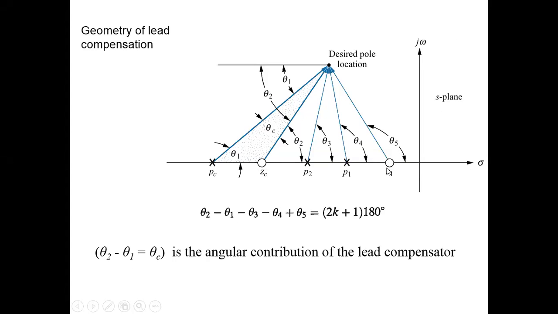So this is theta 5 and this is theta 2, which should be positive, and the angles of the poles, theta 1, theta 3 and theta 4, will be negative. Theta 2 minus theta 1 is equal to theta c, the angular contribution of the lead compensator, because these are the compensator zero and pole.